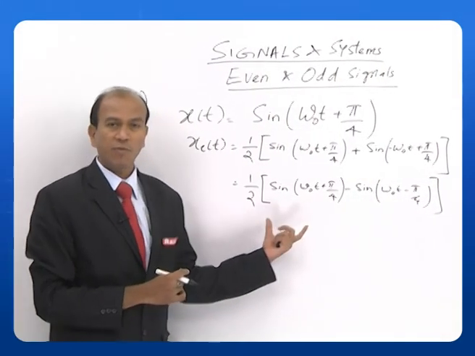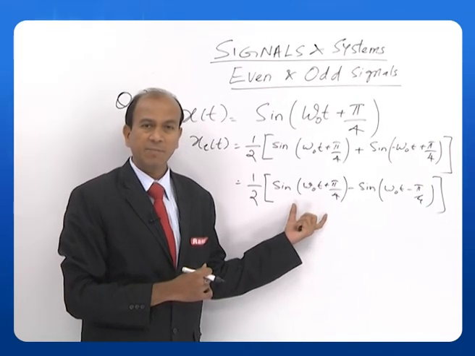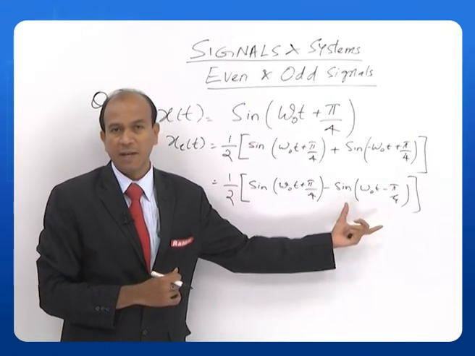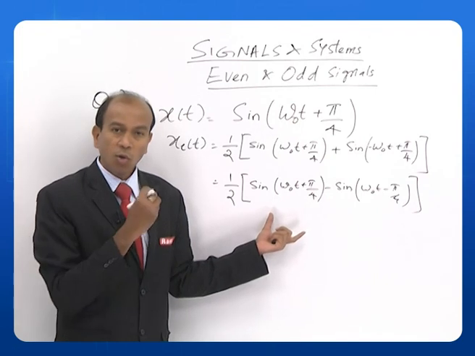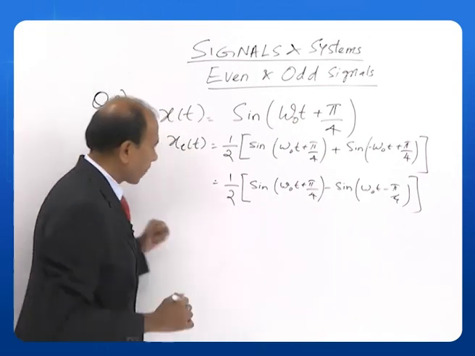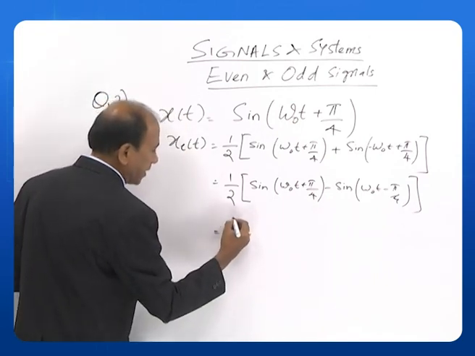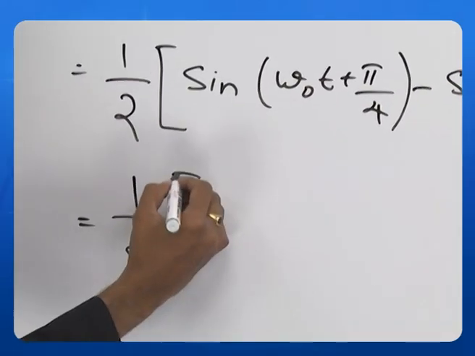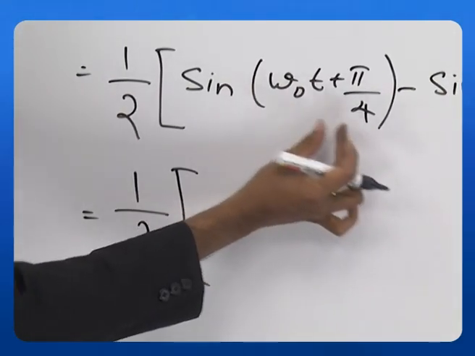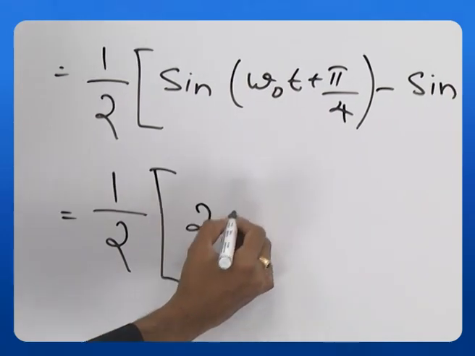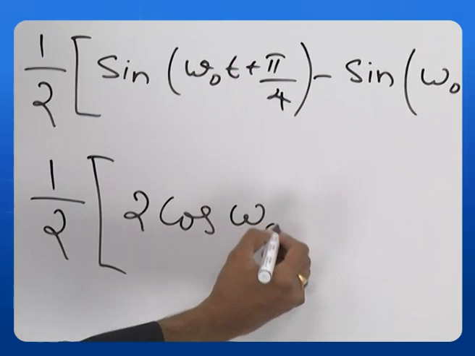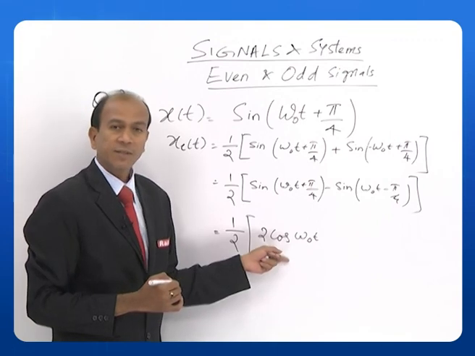Okay. So, if we look at this formula, this represents sine of a plus b minus sine of a minus b in trigonometry. So, this is equal to 2 cos a sin b. So, then I will write this like this, using that identity. Here this is a for us and this is b for us. So, it is 2 cos of omega naught t, 2 cos a sin b.